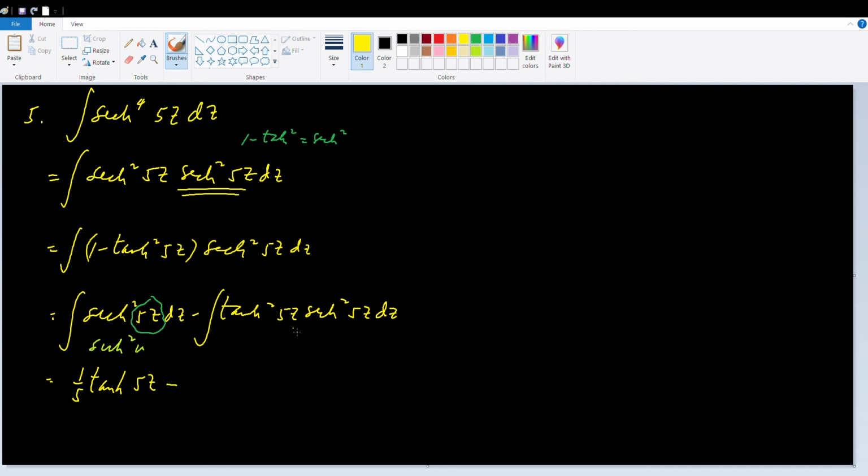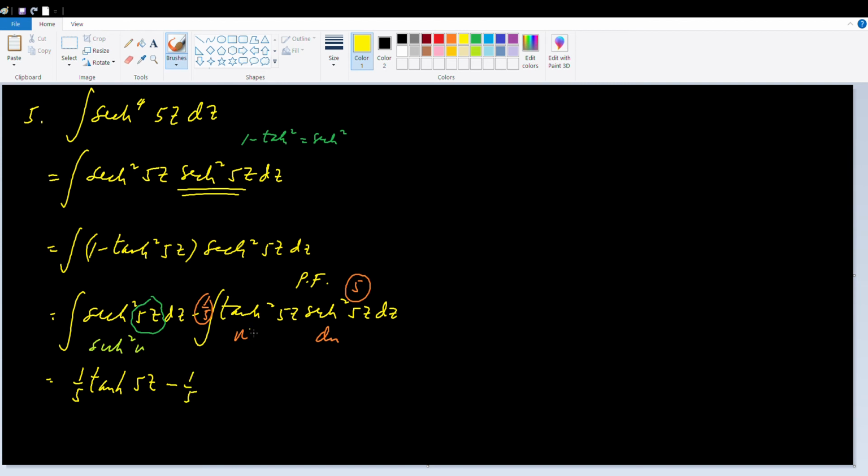Minus, for the second integral, we shall be using the power formula. Our u is hyperbolic tangent, and du is hyperbolic secant squared times 5, so we multiply by 1/5. That will be negative 1/5.